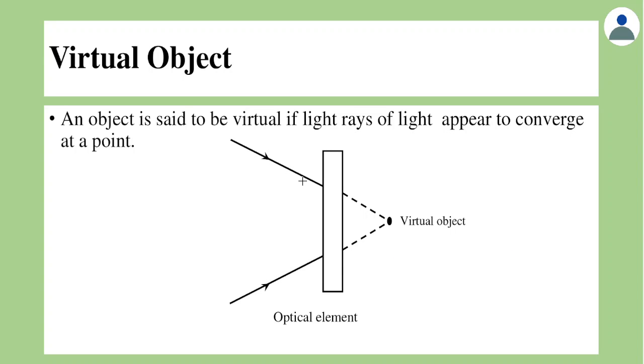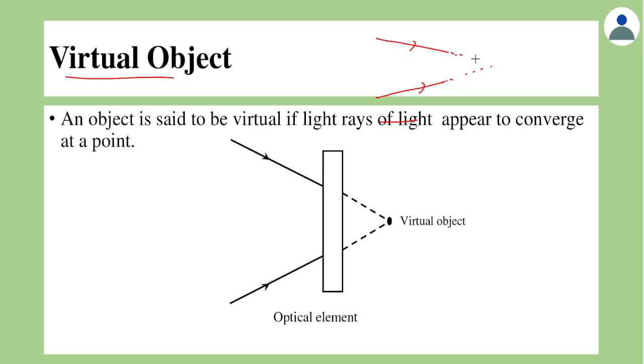Next thing is called a virtual object. Now, an object is said to be virtual if light rays appear to converge. That means, for example, think that the light rays are converging at a given point. They're trying to meet at a given point like this.